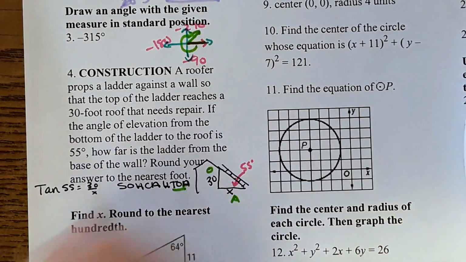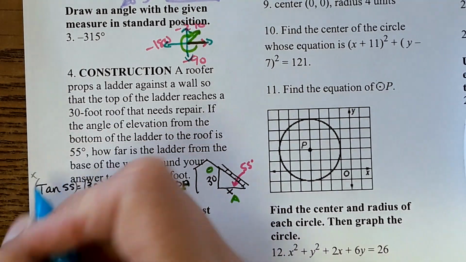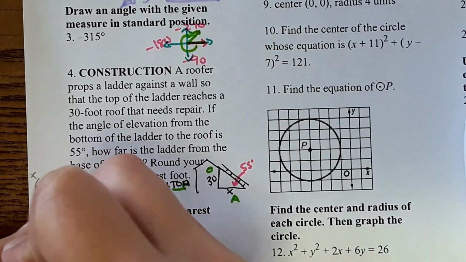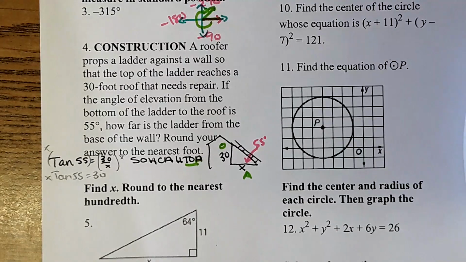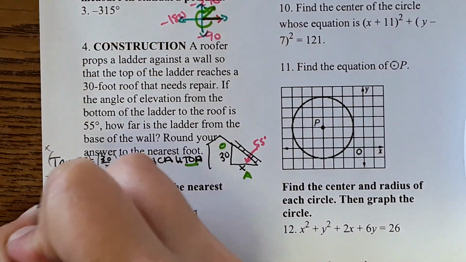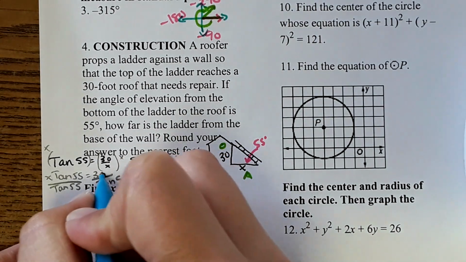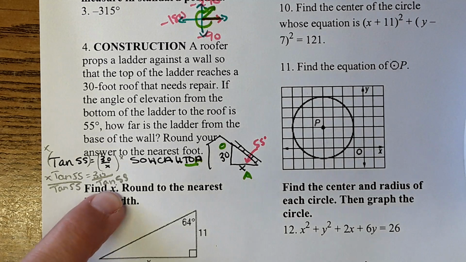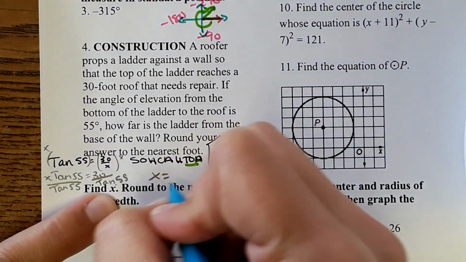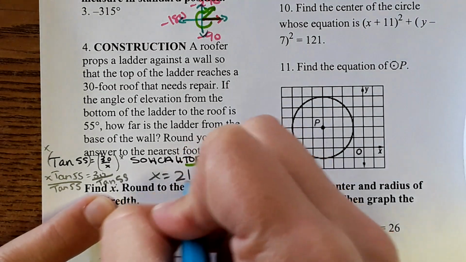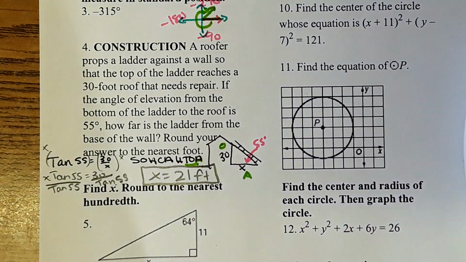So we're going to multiply both sides by x. x tan of 55 equals 30. And then divide both sides by tan of 55. So 30 divided by tan of 55 is what you would put in the calculator. And it comes out to 21, I think it's like 0.2 feet. But it says to round to the nearest foot, so 21 feet.